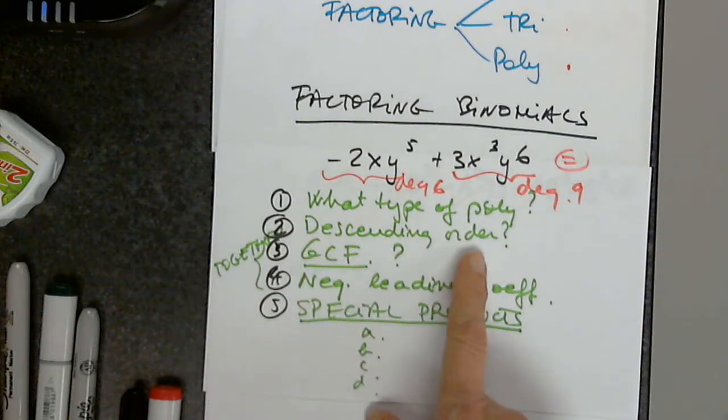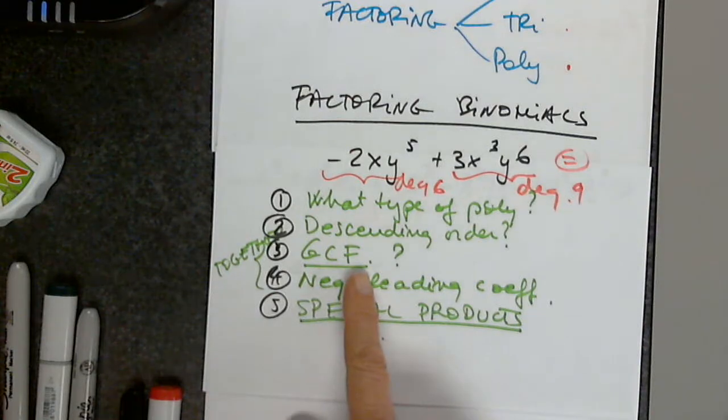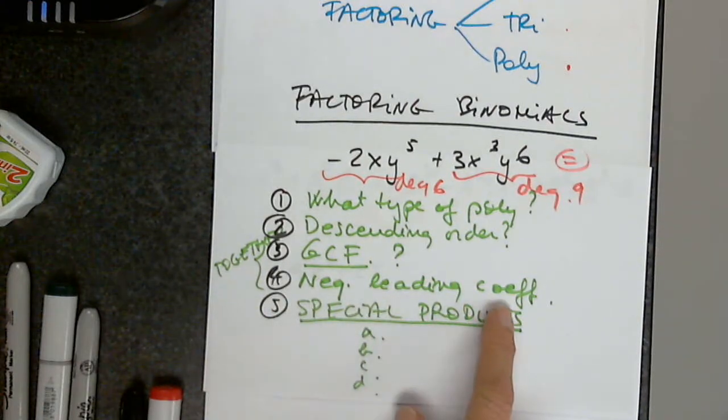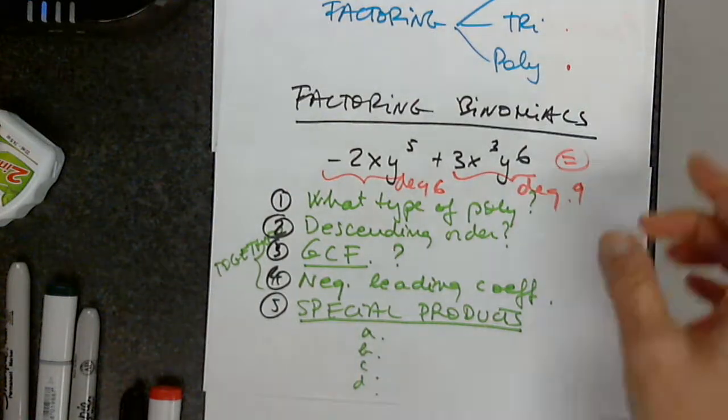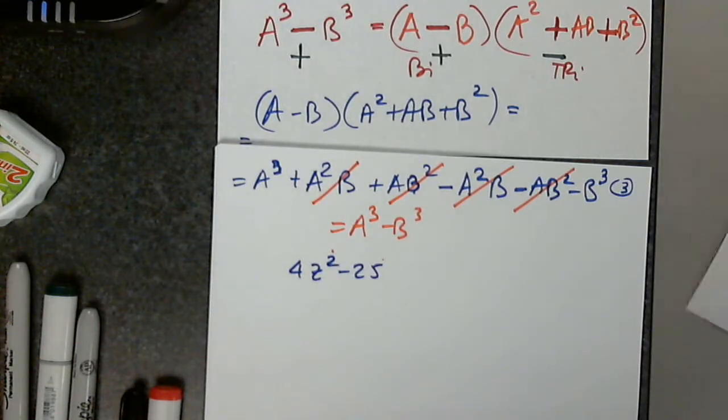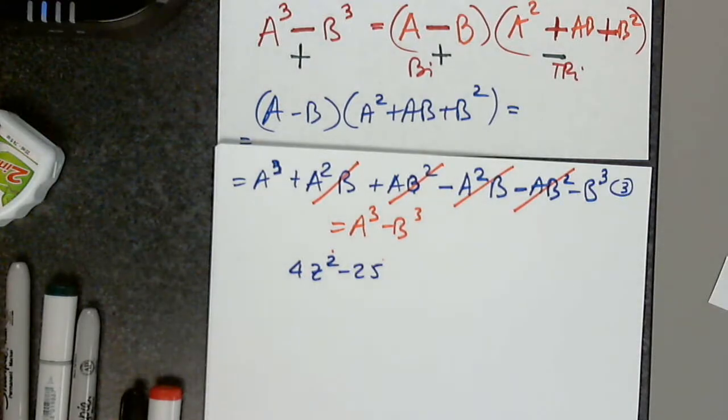Binomial. Is it in descending order? Yes, it is. Does it have a greatest common factor? No. 4z squared and 25 do not have a common factor. A negative leading coefficient? No, no negative leading coefficient. So I'm down to special products. That's the last question I have. Okay. Is there a special product applicable here?